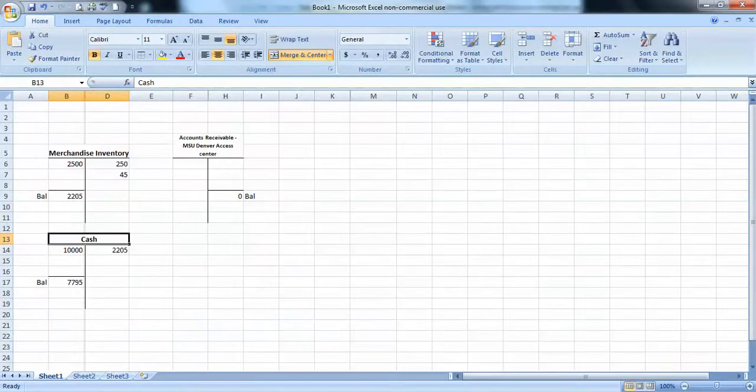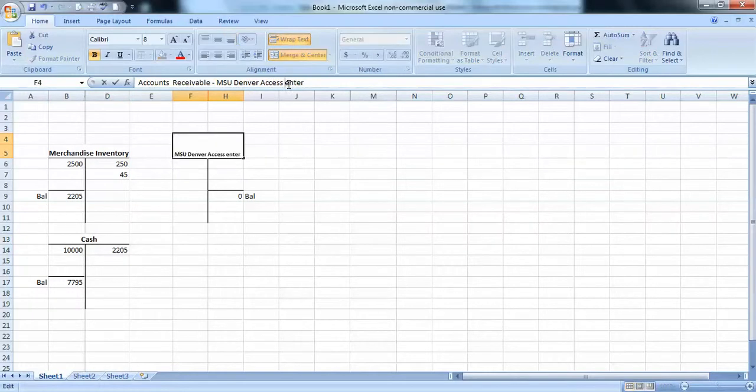If we look at the general ledger, we will notice that we can then enter this data into the general ledger. And in the general ledger, we have the merchandise inventory account. We have now an accounts receivable, MSU Denver Access Center. We'll go ahead and capitalize that center. And we have the cash account.